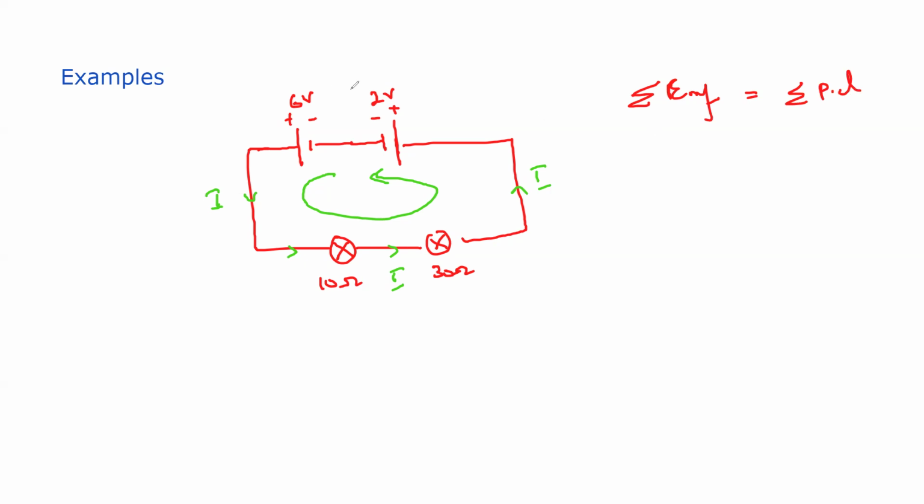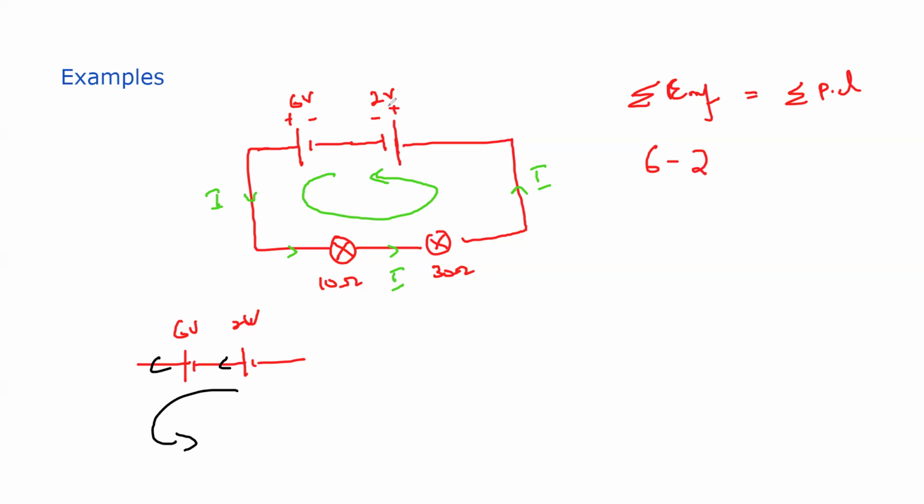First, what is the total EMF? The 2 batteries are connected in opposite directions, trying to push against each other. So what will the total EMF be? It will be 6 minus 2. If they were connected in the same manner, both trying to push the charges in the same direction, I would add them.